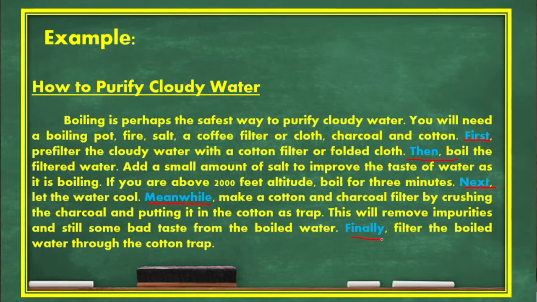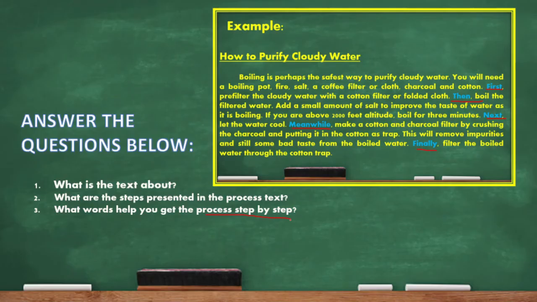These are the words that help you get the step-by-step process. These words are called the time order signal words. These are the words that are giving time order.